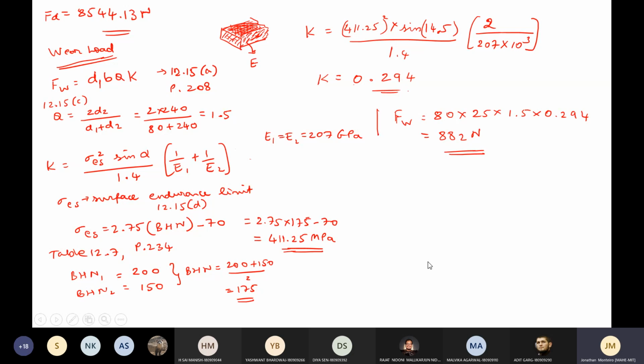To find the wear load, we used this equation, d1 b Q K. We also saw the importance of d1: it is the driving gear, and the driving gear gives rise to the wear on the adjoining tooth. According to this equation, we calculated Q, which is just a ratio of the given diameters.